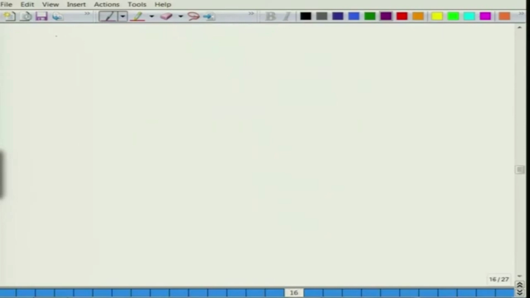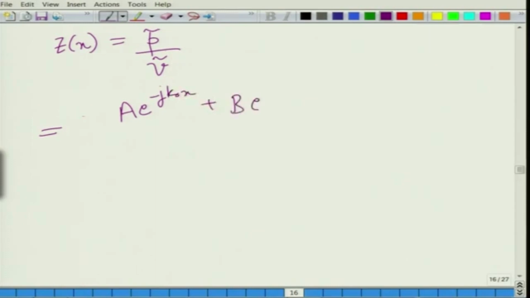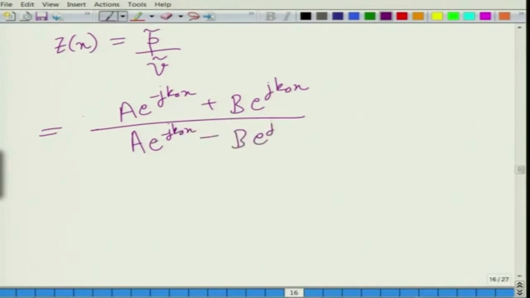The impedance then at any point Z(x) can be written as P by V, which is nothing but Y0 times (A e^(-jk0x) plus B e^(jk0x)) divided by (A e^(-jk0x) minus B e^(jk0x)).